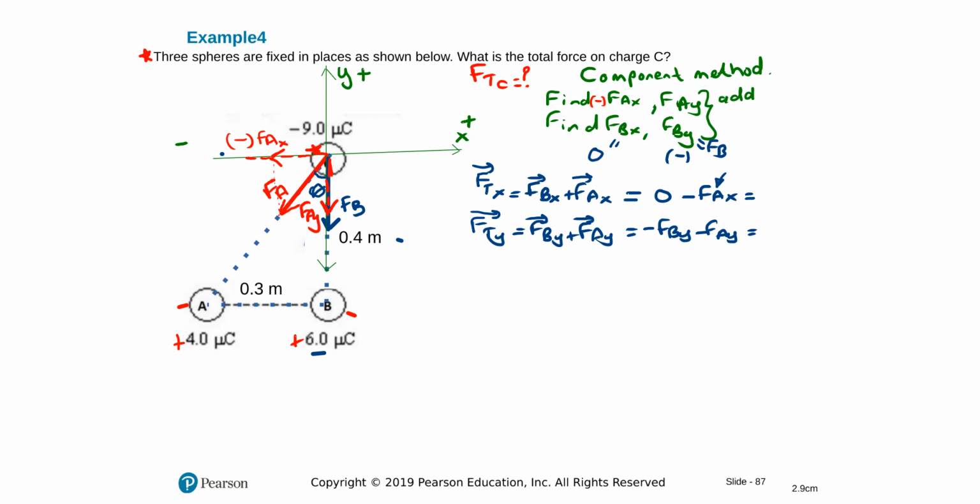Now we're going to find these. FA, let's go with FA first. FA is equal to K, QA, QC, the force A applies to C, right? QA, QC divided by, let's call this RA squared, distance of A to C. And that would be this distance here, folks.